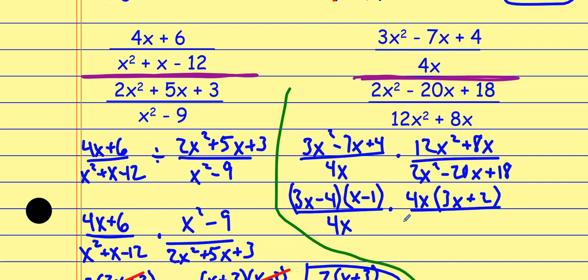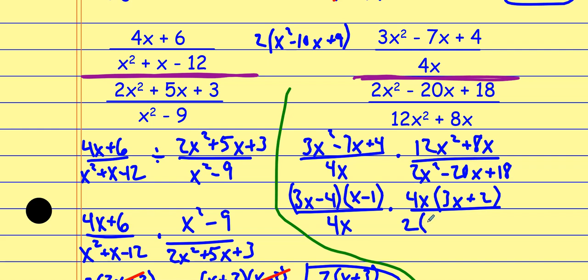And then down here, I can factor a 2 out first. And if I take that off to the side, it's always good to take things off to the side if you're not sure. If I factor the 2 out first, leaves me with x squared minus 10x plus 9. And now build a bridge. Two numbers that multiply to 9 but add to negative 10 are negative 9 and negative 1.